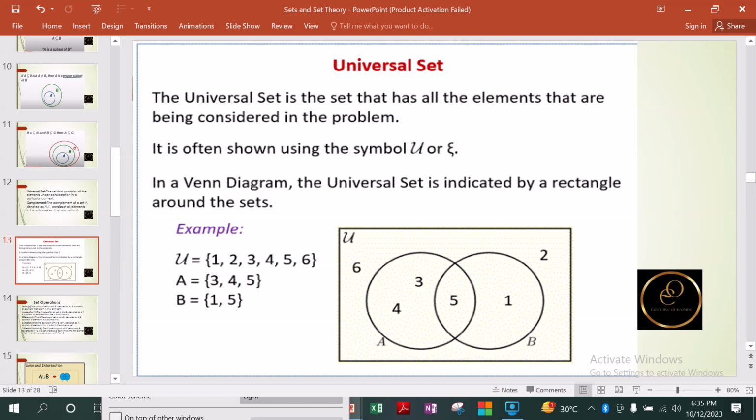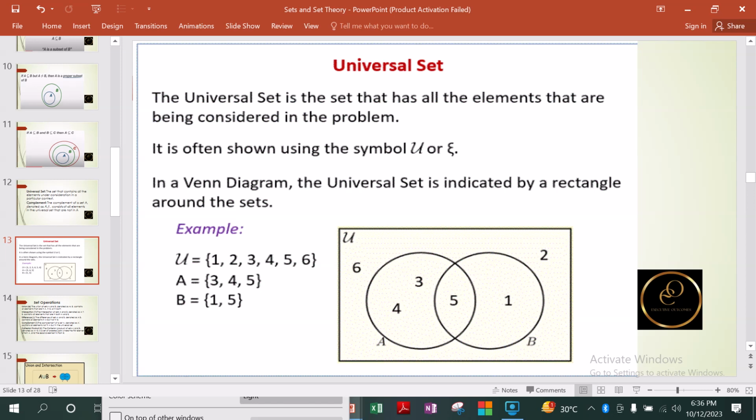But definitely what you do is you might not consider everything, you might get a sample, so you have a subset of a universal set to consider. It is often shown using a symbol in this particular case. These are the symbols that you need to be familiar with to represent that this is a universal set.